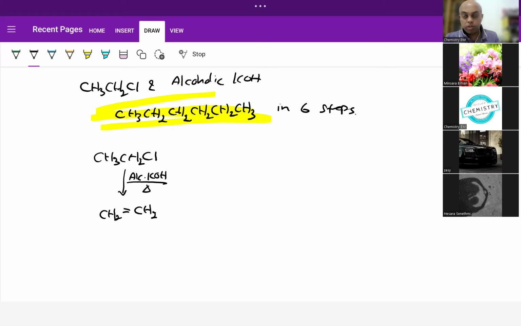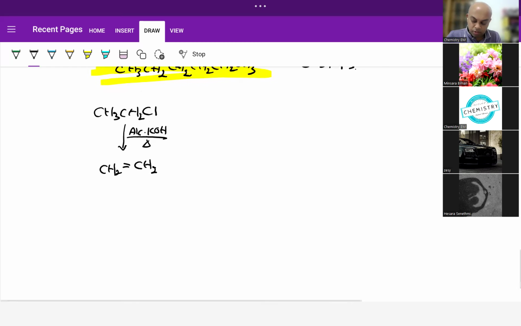I will convert this to an alkyne because carbon addition can be done through acidic alkynes very easily, right? So I will convert this into an alkyne. What I do is add Br2 in CCl4, a popular one. Then we have this one.